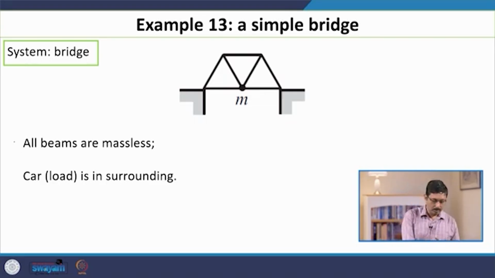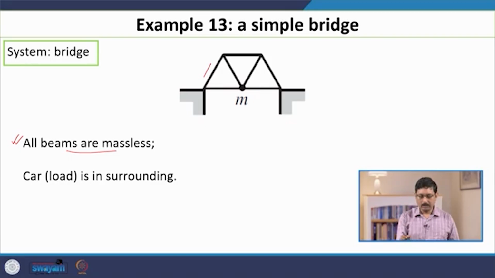Now, we note down an important clue given in the problem: all beams are massless, which means the tension is uniform along the beams. So, all the tension forces are uniform along the beams. Now, there is this external force. What are the external forces?